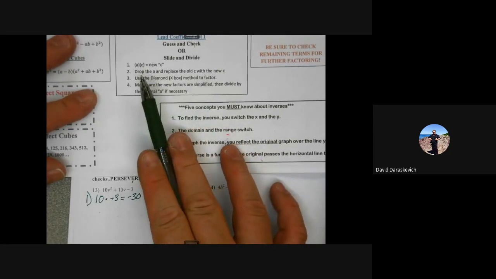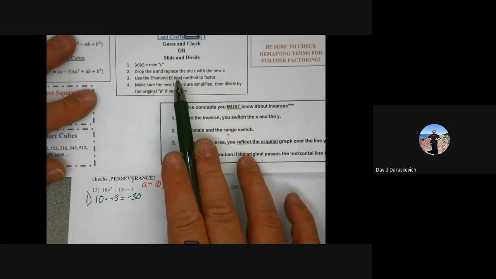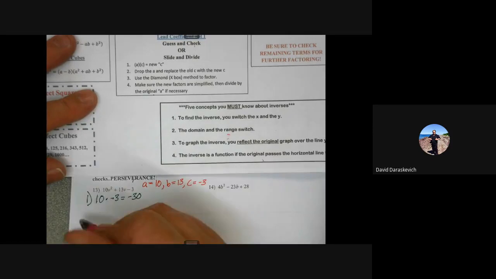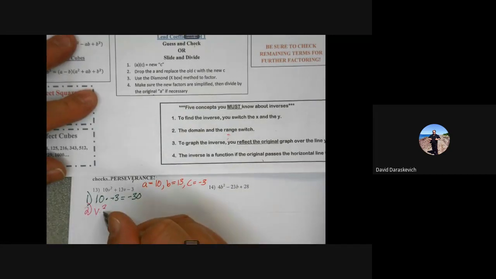So step two, I'm going to drop the A and replace the old C with the new C. Step two, going back to my expression, I'm going to drop the A. So V squared plus 13V, and then add the new C, which is add negative 30 or minus 30.